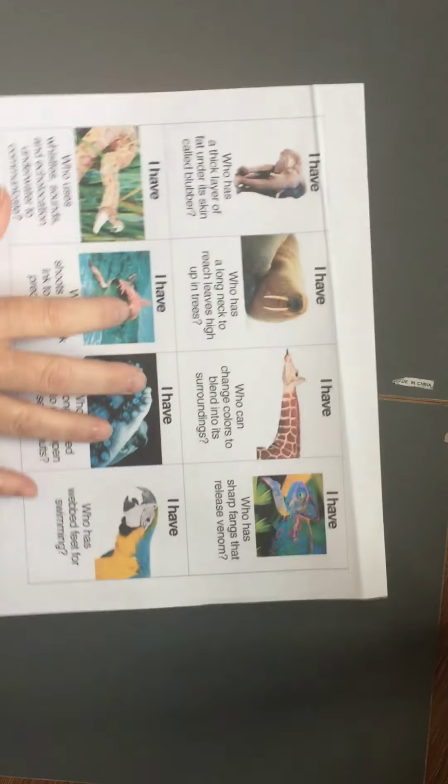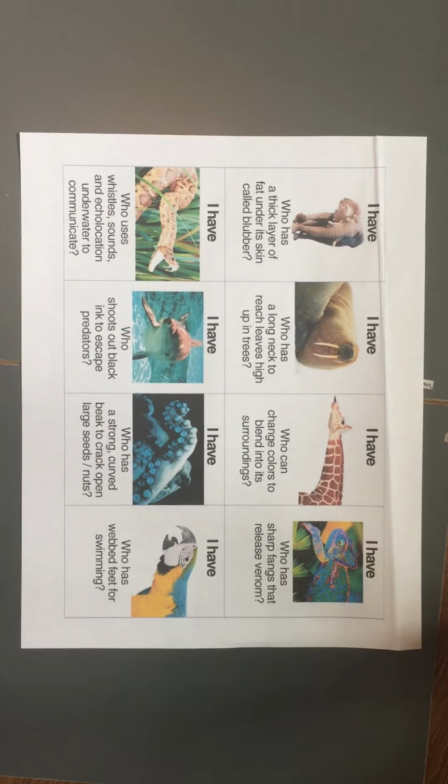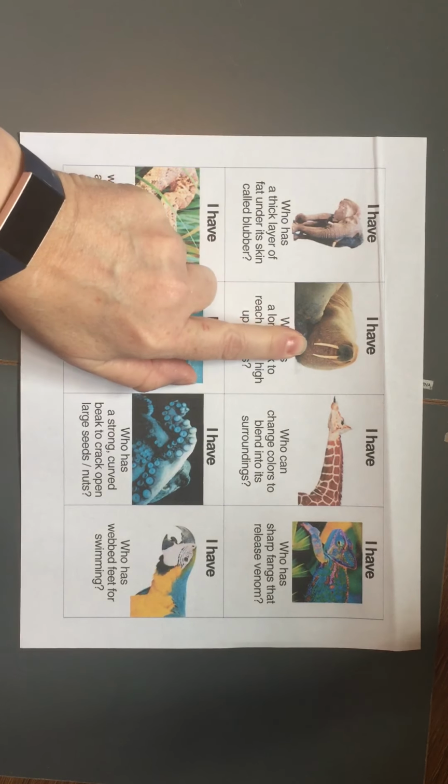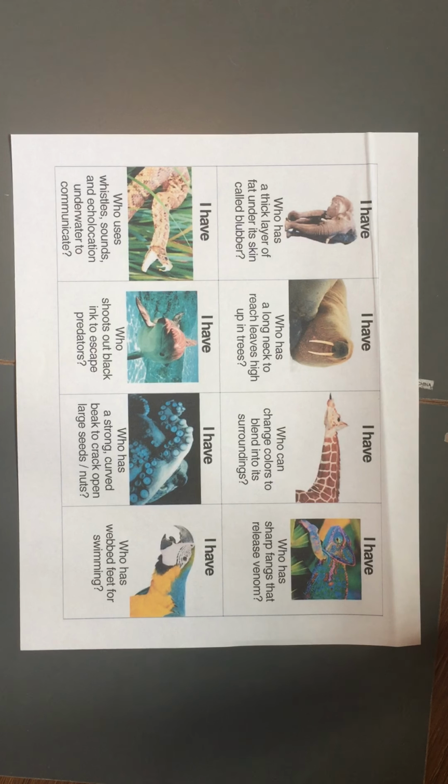Let's play a game now, and we can talk about the different structures that animals have. Who has a thick layer of fat under its skin called blubber? Well, it's the walrus. Who has a long neck to reach leaves high up in the tree?